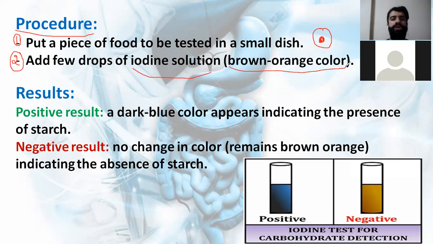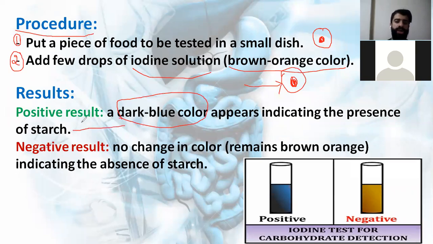For example, you can put a piece of bread, or banana, or potato in a petri dish or a small dish. This is the food, and add iodine solution to it. Whenever you add iodine solution, you will wait for the result. If it's a positive result, it means that the food will show a dark blue color, indicating the presence of starch.